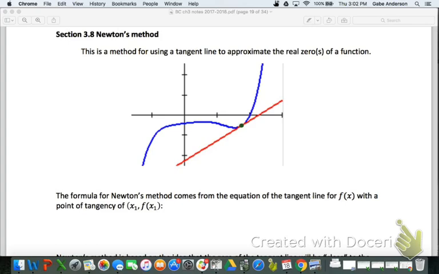There are a couple of things here that are important for us to remember. At the point of tangency, the x, y for the curve and the x, y for the line are exactly the same. In other words, the values of the coordinates of the point are the same.